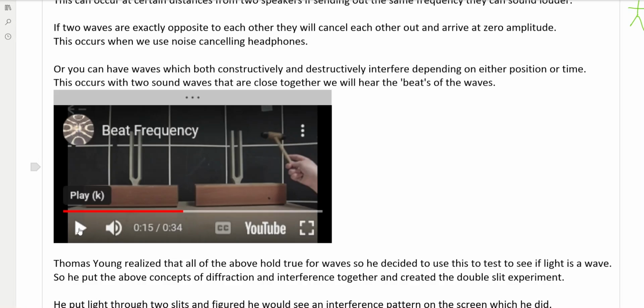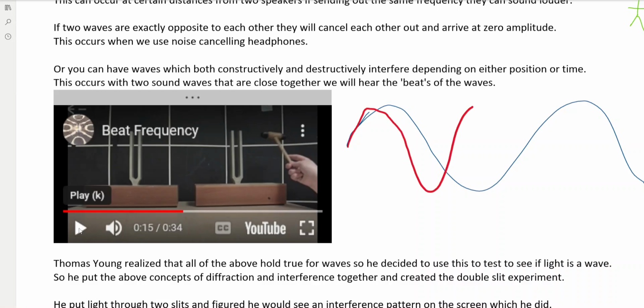This is because the two wavelengths are different, and so as one moves on, maybe I'll draw this first. Maybe I'll see if I can draw this. So here's my one wavelength, okay, and here's my other one, which is going to be, oh, I want to use a different color. Okay, it's not perfect, but I think you get the idea that at this moment here, they're going to cancel each other.